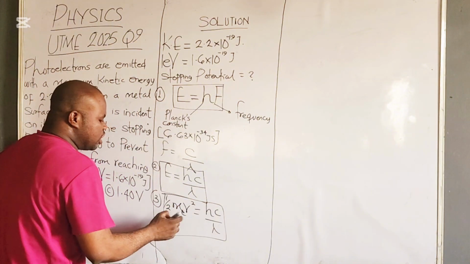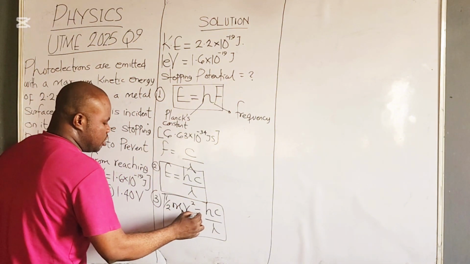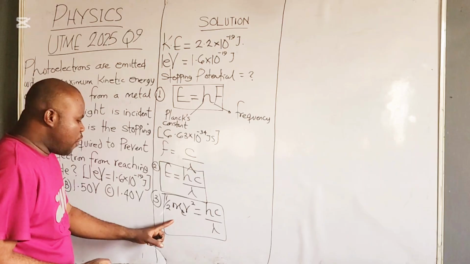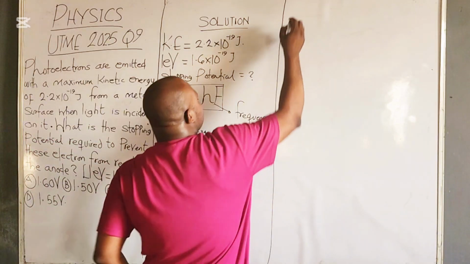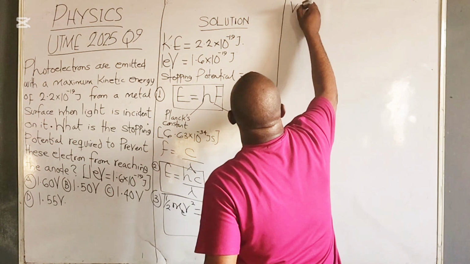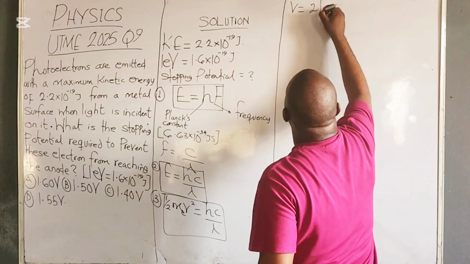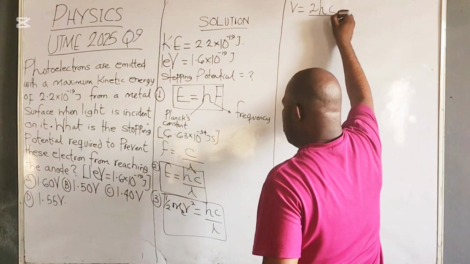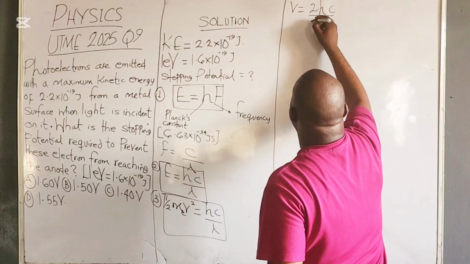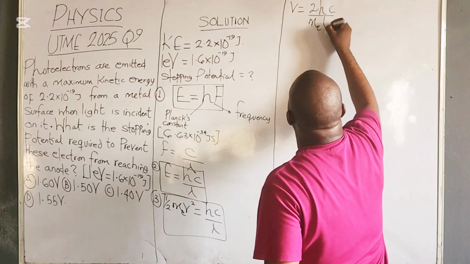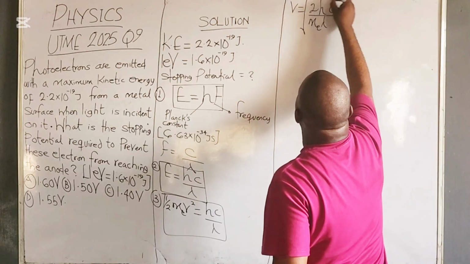Sometimes you use this formula when you have to calculate velocity. The short form, after taking everything to the other side, is v equals the square root of 2hc over the mass of electron times lambda.